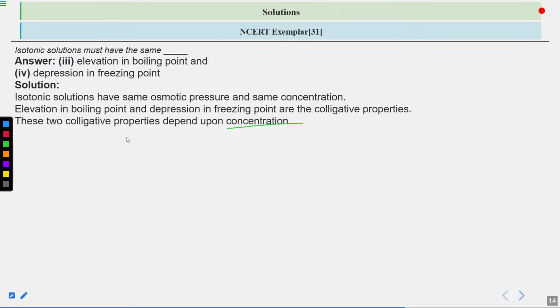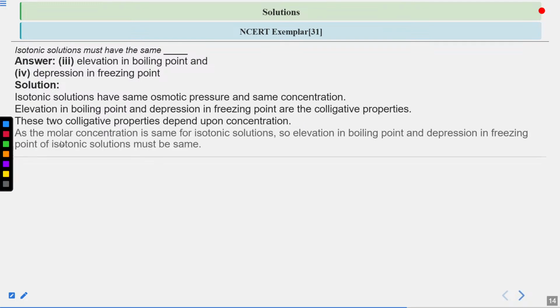And as the molar concentration is the same for isotonic solutions, the elevation in the boiling point and the depression in the freezing point of isotonic solutions must be the same. So isotonic solutions must have the same what? Elevation in the boiling point and depression in the freezing point. And thus the correct answer is options third and fourth.